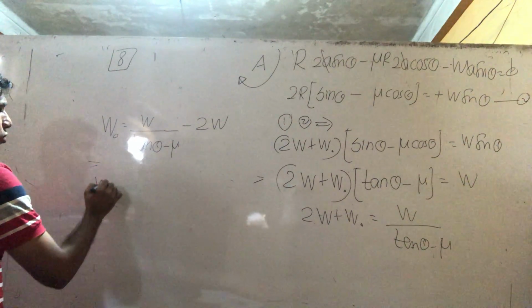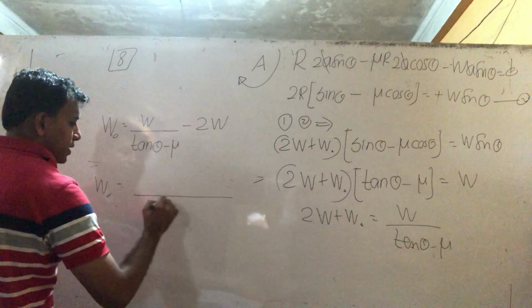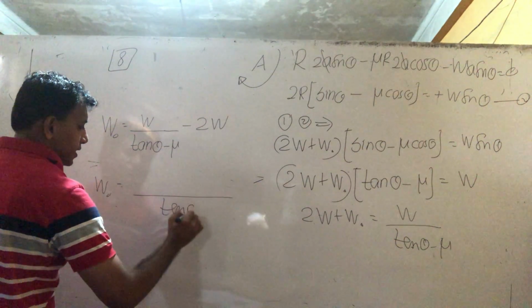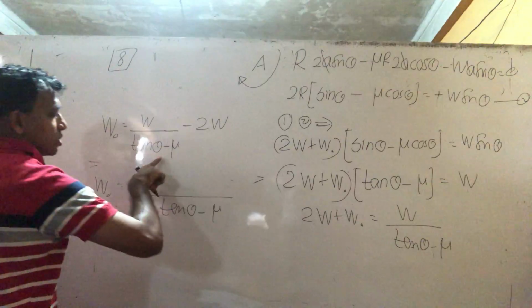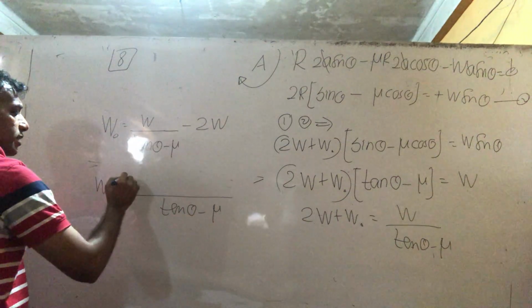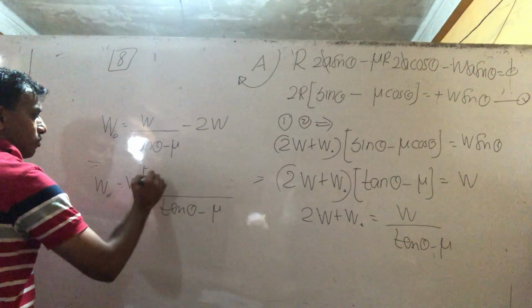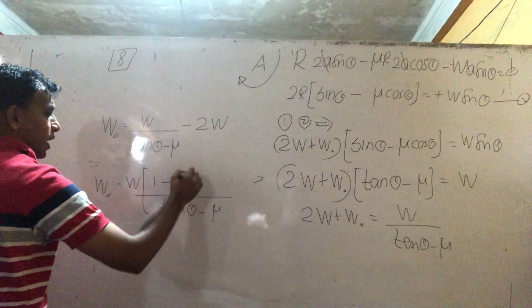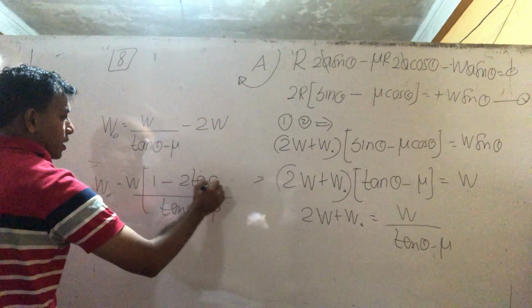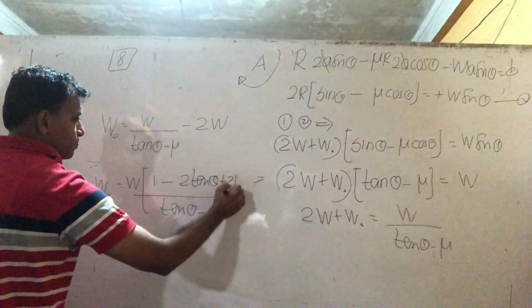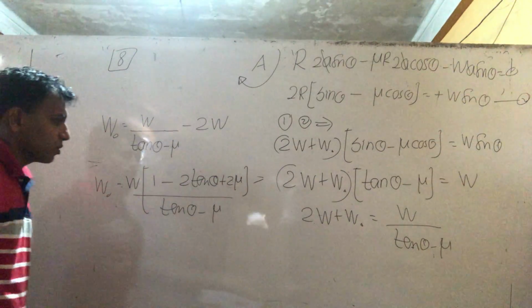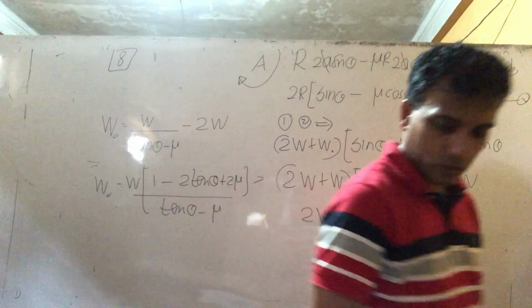So W naught equals, now the LCM is tan theta minus mu. So if you multiply, what happens? W of 1 minus 2 tan theta plus 2 mu, is it? Okay, 1 minus 2 tan.